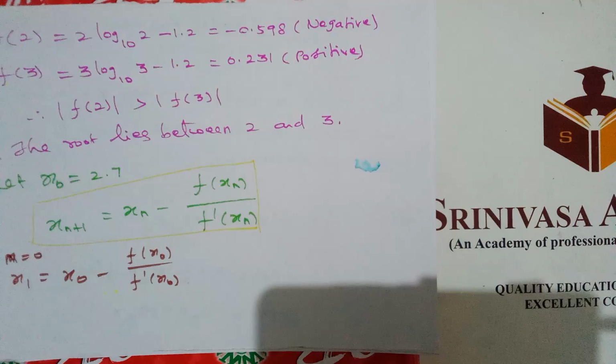So this is the formula: x n plus 1 is equal to x n minus f of x n by f dash of x n. Now I am going to substitute n equal to 0. So the formula becomes x1 equal to x naught minus f of x naught by f dash of x naught, isn't it? We don't have the values for f of x naught and f dash of x naught. Now substitute 2.7 in f of x and f dash of x.